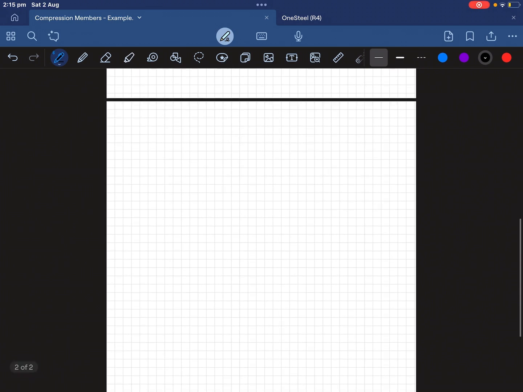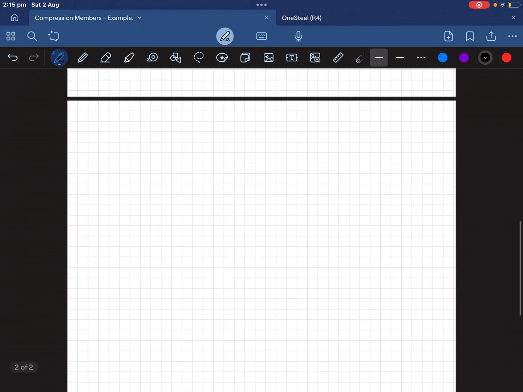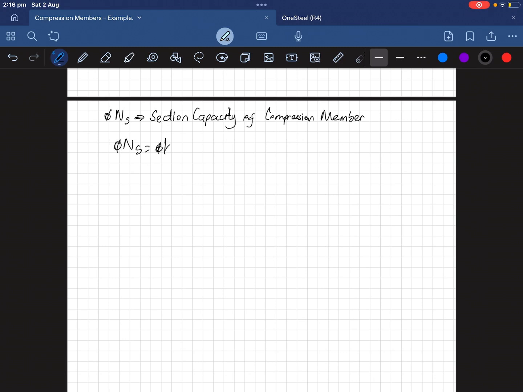Now, let's solve for the section capacity of the compression member 150 UC30. So phi Ns, which is the section capacity of compression member, is equal to phi times kf times An times fy.